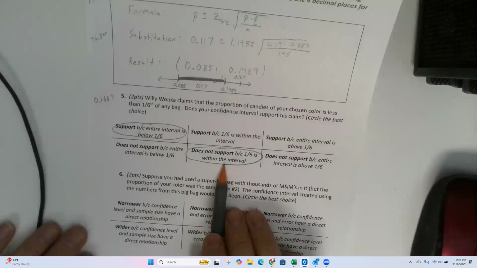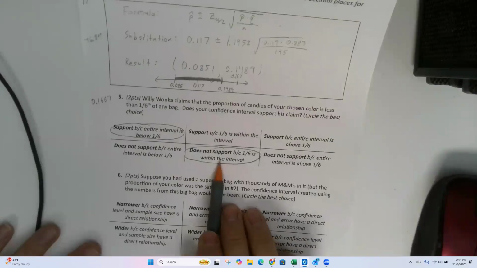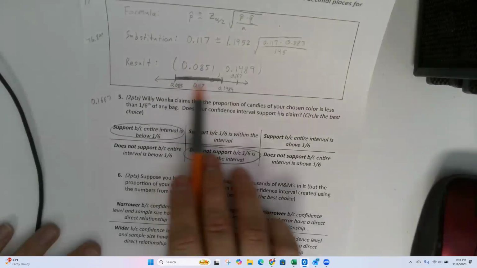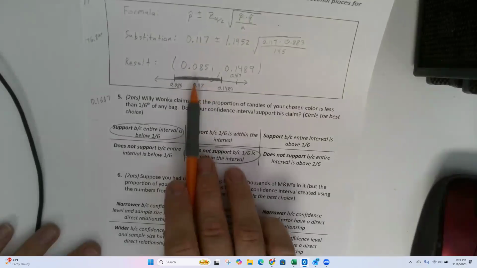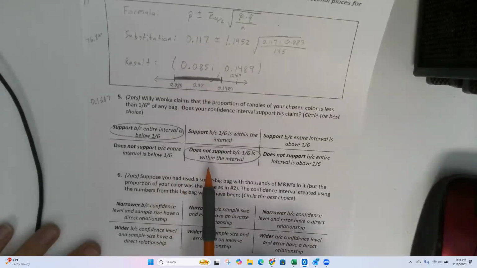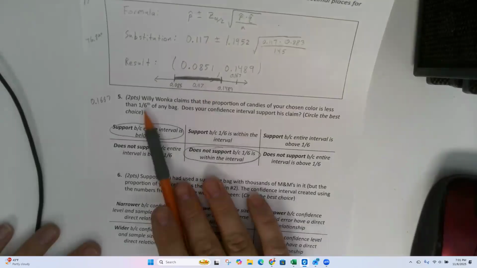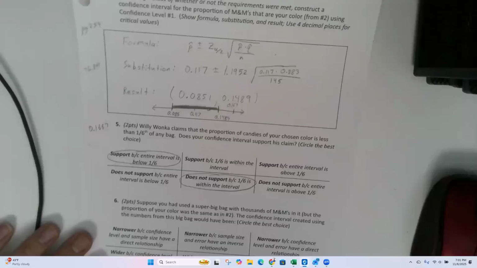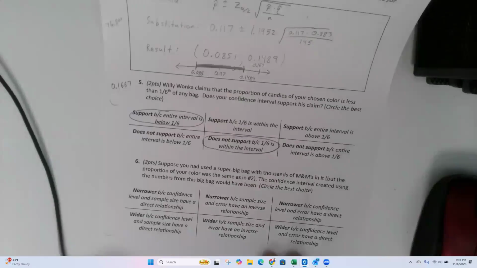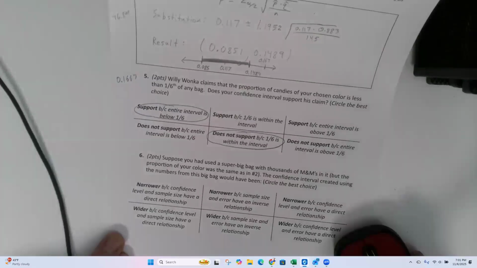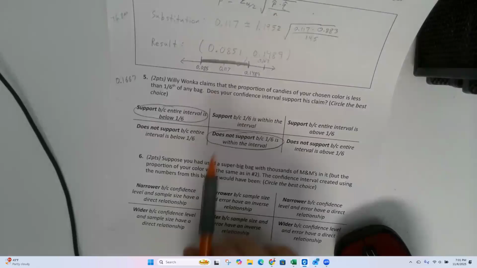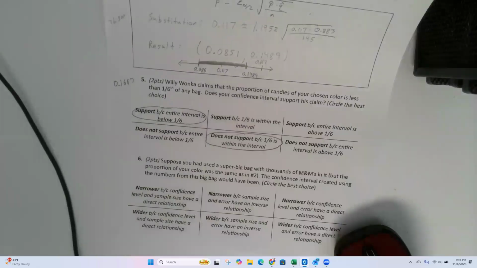She does not support his claim because 1/6 is close enough to her estimated p hat, so she can't agree with him that it's less than that. Those are the two possible answers depending on what your confidence interval looks like.